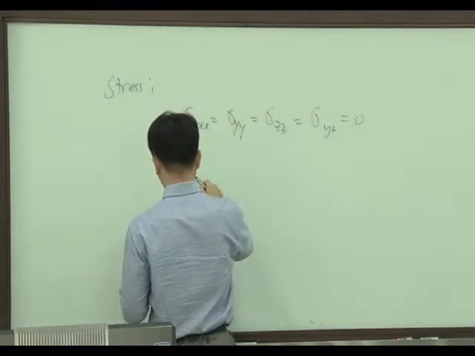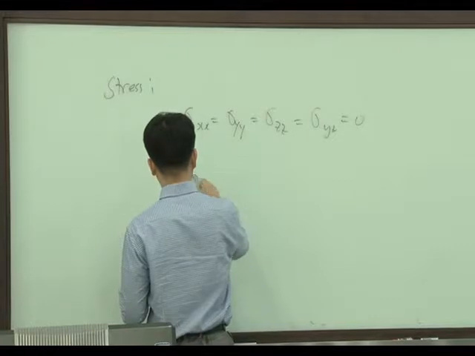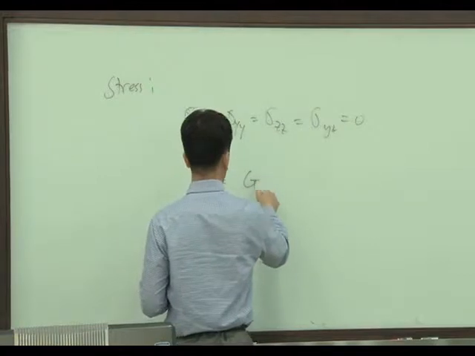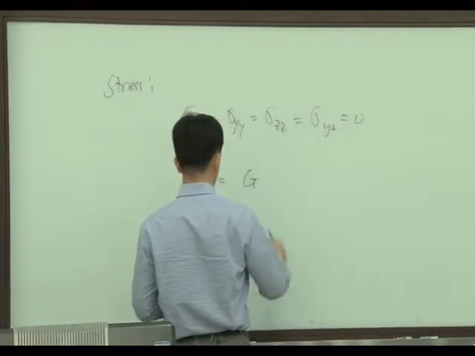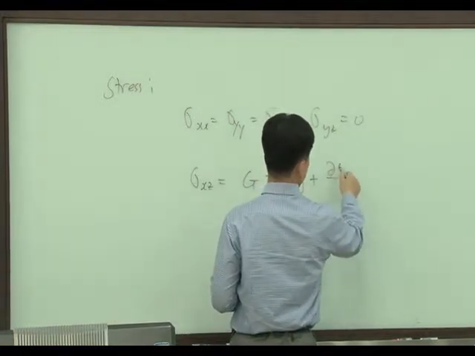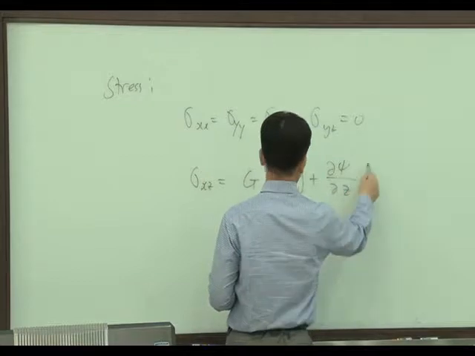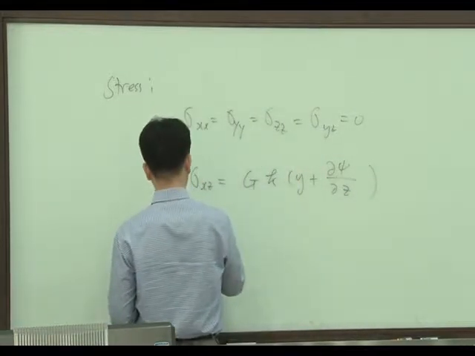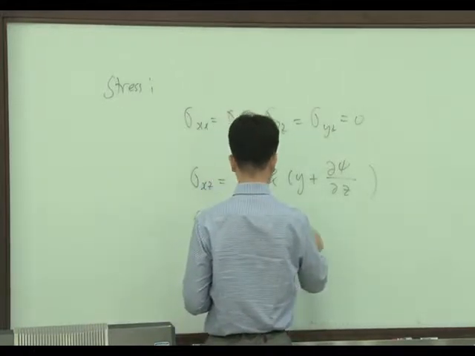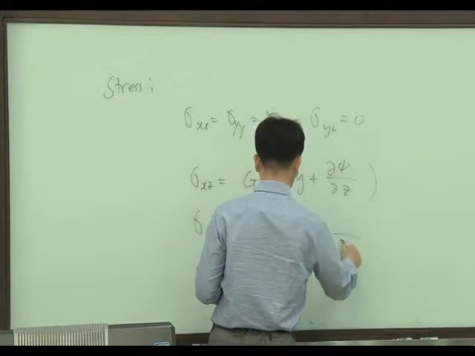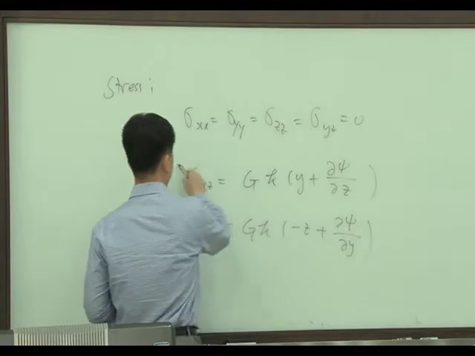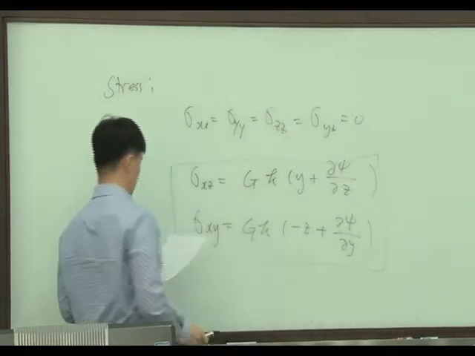So only two non-zero stresses exist: σxz, by multiplying the shear modulus G, is Gk(∂ψ/∂z plus y), and σxy is Gk(∂ψ/∂y minus z).